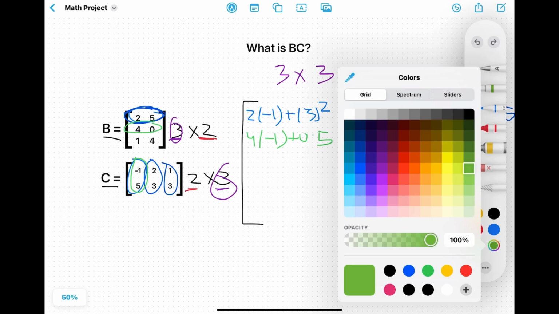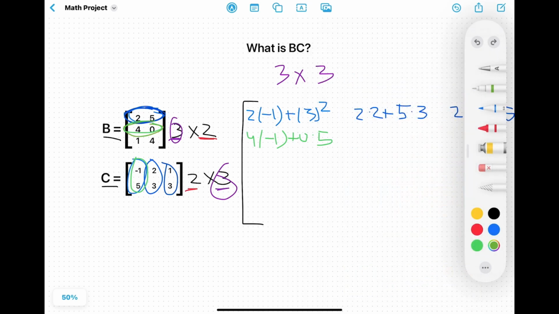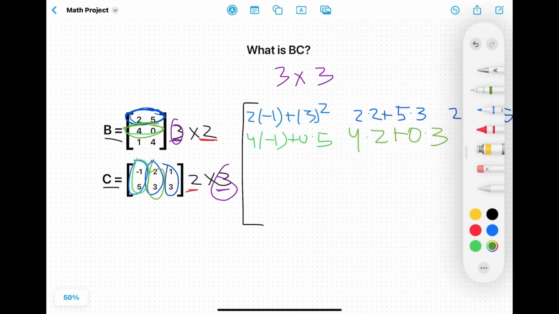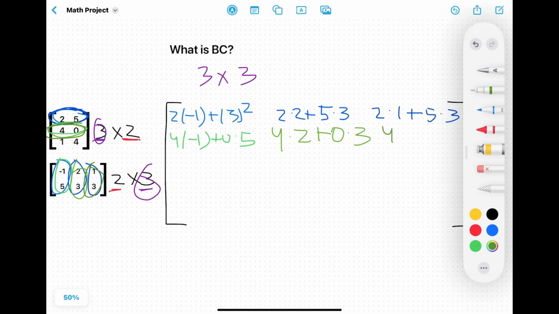For row 2, middle column, it'll be 4 and 0, 2 and 3. 4 times 2 plus 0 times 3. Second row, final column, 4 times 1 plus 0 times 3. Some quick adjustments.